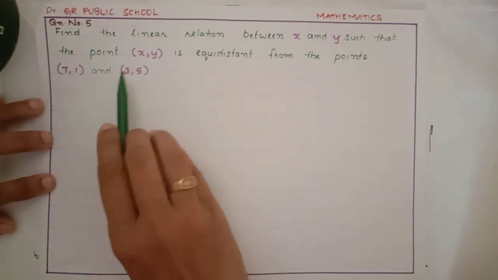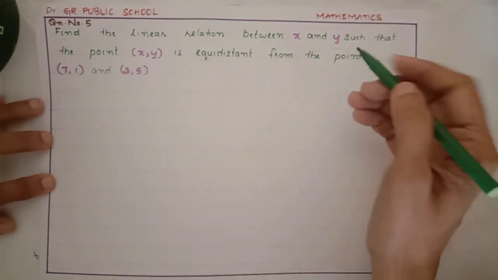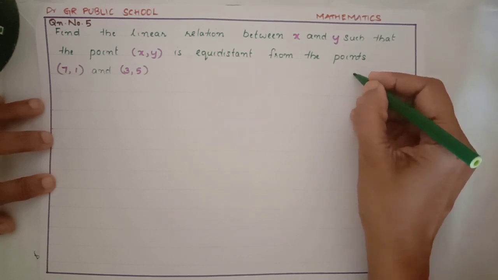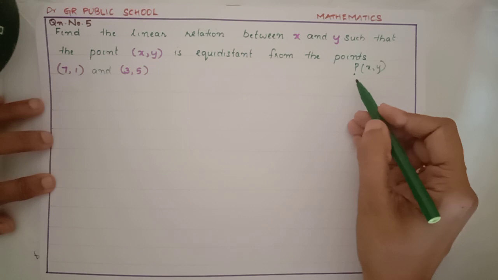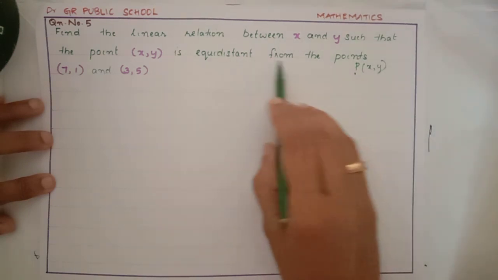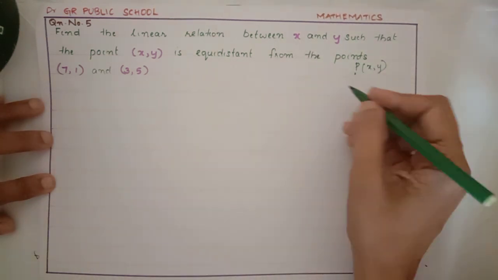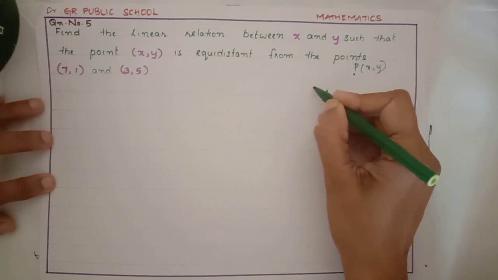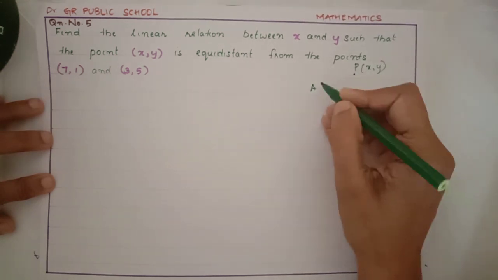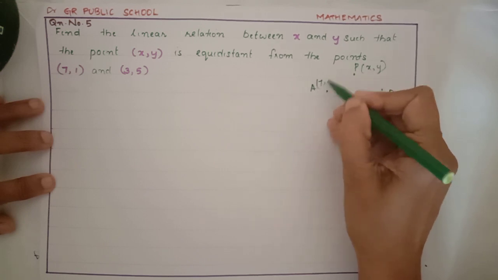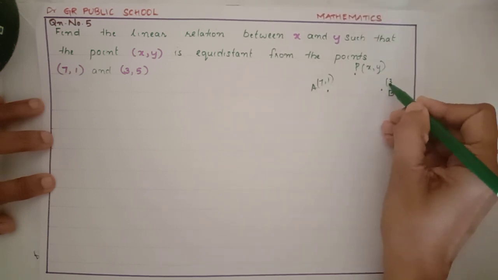Let us consider the point (x, y) as P, and this point is at equal distance from the other two points. We can take them as A and B. A is (7, 1) and B is (3, 5).